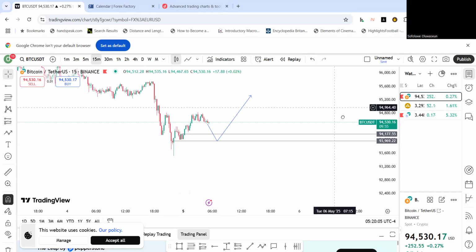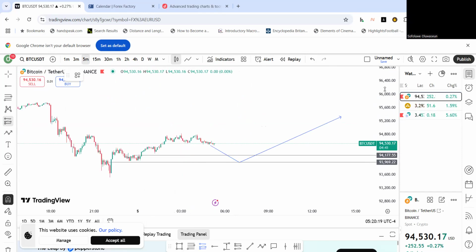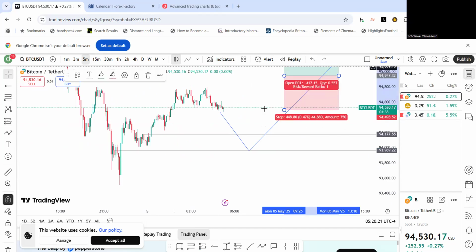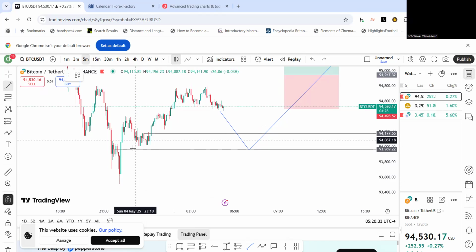But if I am not on the chart, I'll just set my buy position around this place, because as I'm seeing these candles here, let's go to 5 minutes. Okay, as I'm seeing these candles here, I'm looking at liquidity here. Let me turn off the magnet.